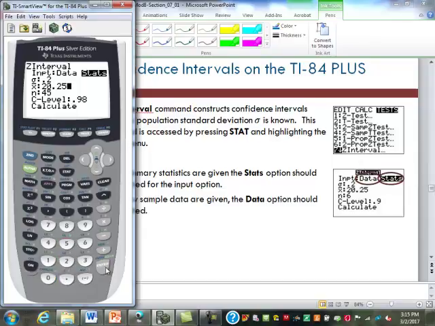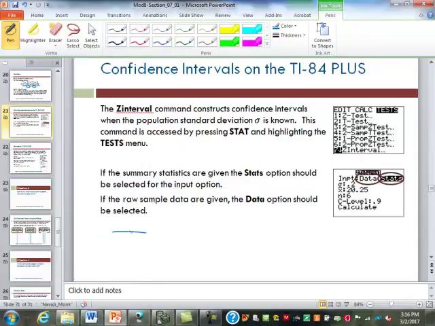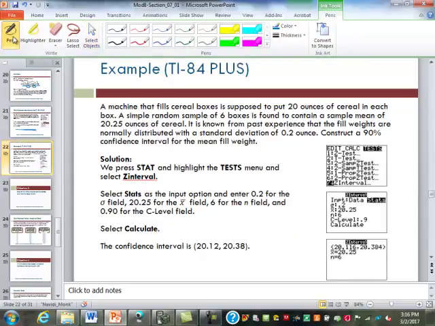N is our sample size, that was just 6. And our confidence level is 90, so 0.9 goes in there. We hit calculate, and it will pop up. That's our interval that we just calculated. Notice the calculator generally only goes to 3 decimal places, 20.116 to 20.384. So this is outlining that process that I just showed you, and you can see they get the same output here that I just did.